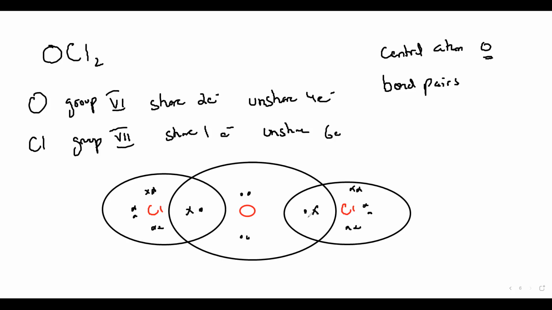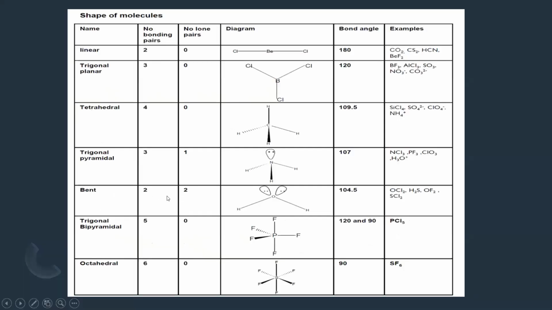There are 2 bond pairs. And how many lone pairs? There are 2 lone pairs. So oxygen has 2 bond pairs and 2 lone pairs.